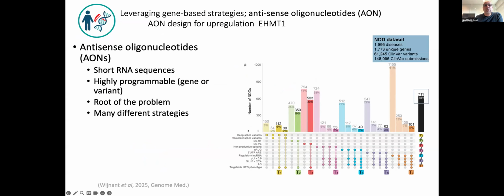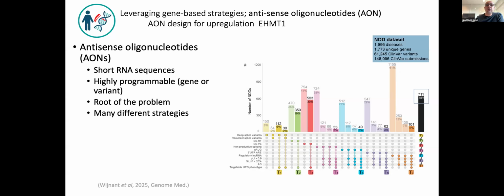We went to a large data set of all the disorders and all the individual mutations, and we selected a group of interventions that are based on AONs, and then we looked at how many would be amenable for therapy. We made some criteria that there should be at least 2 independent criteria. And our number comes down to about 1/3 of all the neurodevelopmental disorders that could theoretically be tackled with AON. So this was quite a large number.